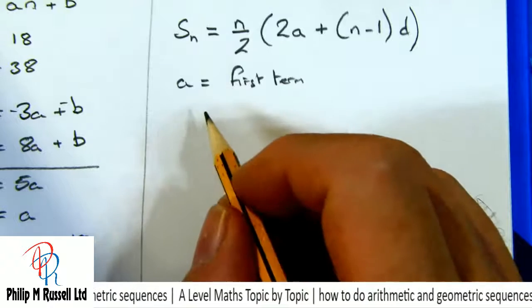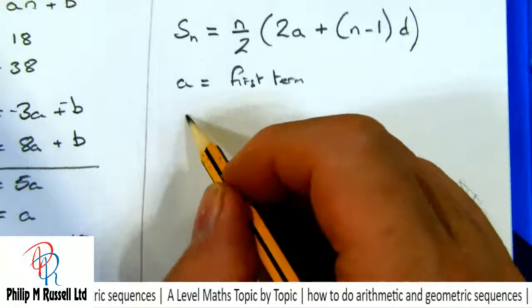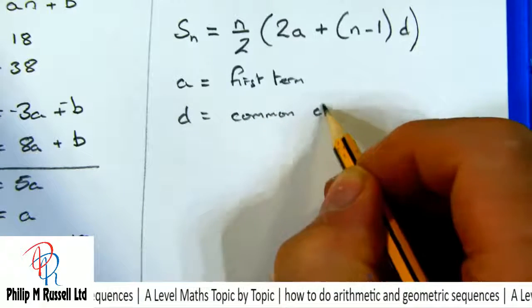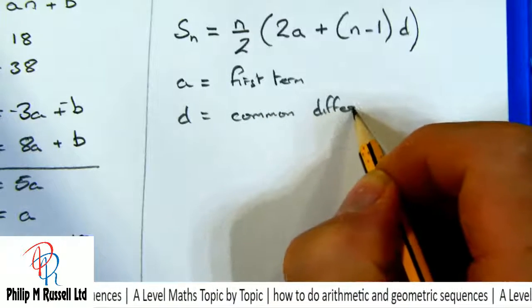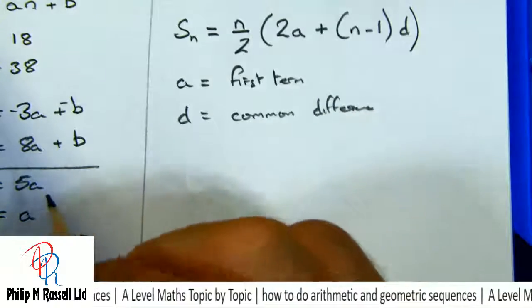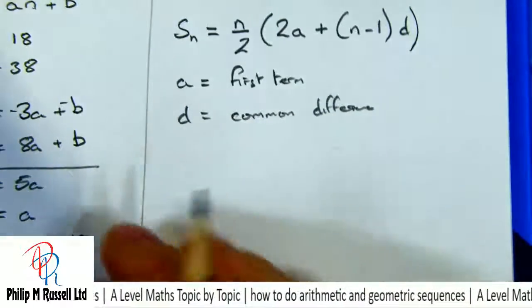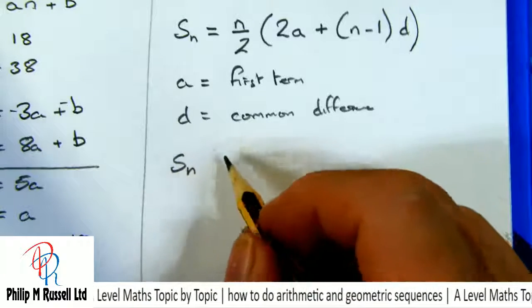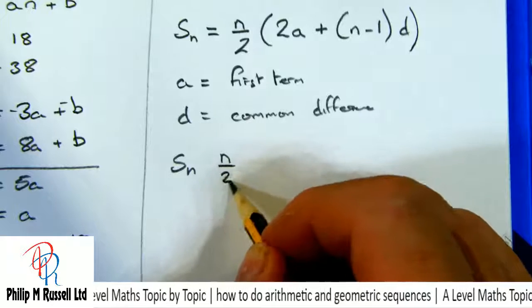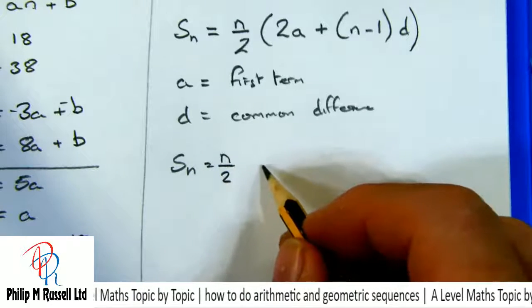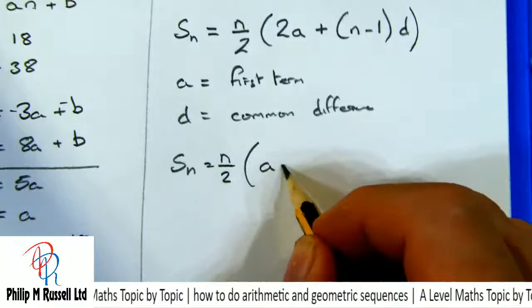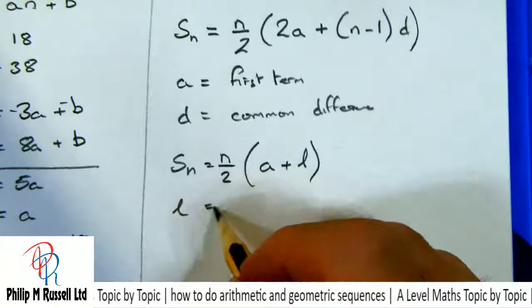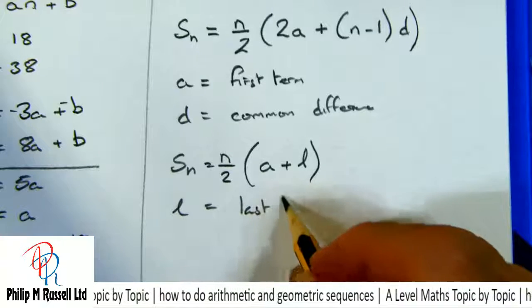We've got d here, the common difference. You can also write this a different way if you know the last term. And that's again going to be a plus l, and l here equals the last term.